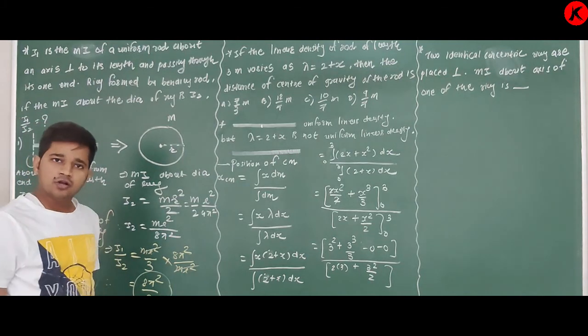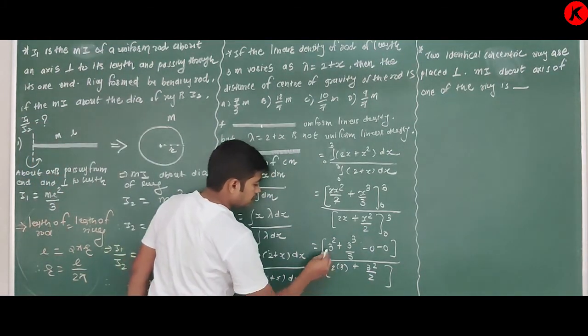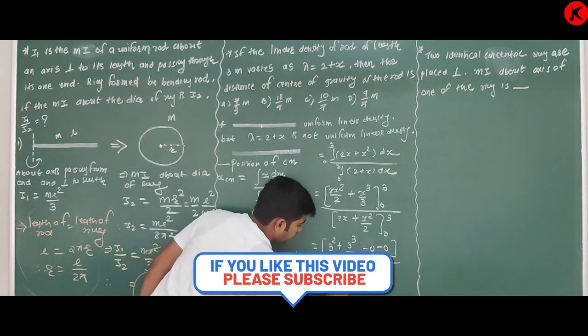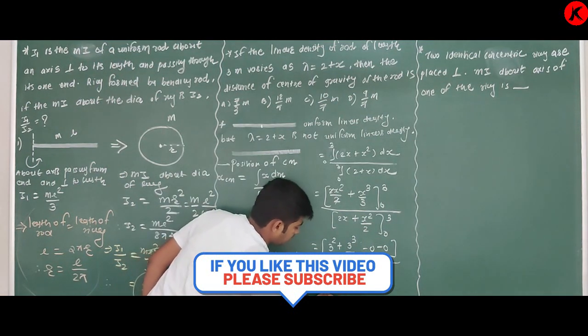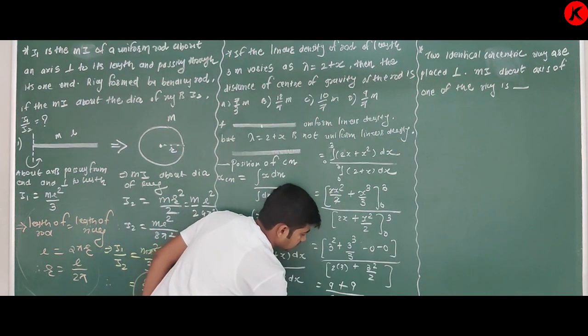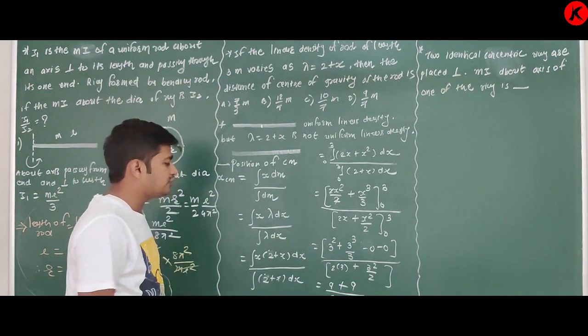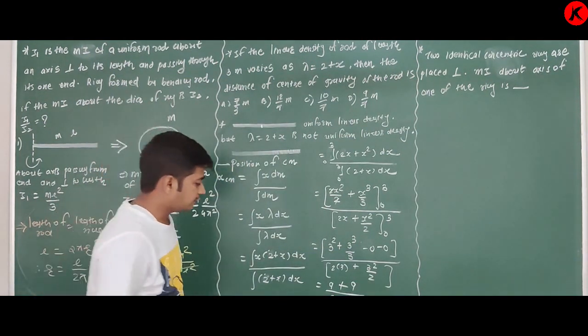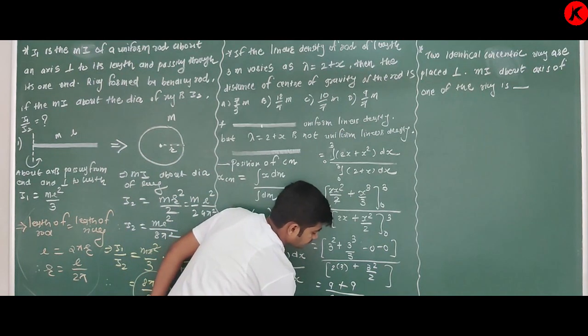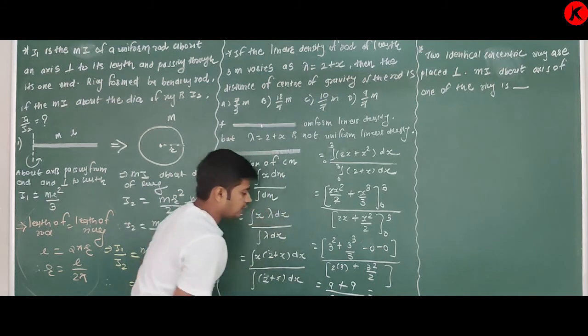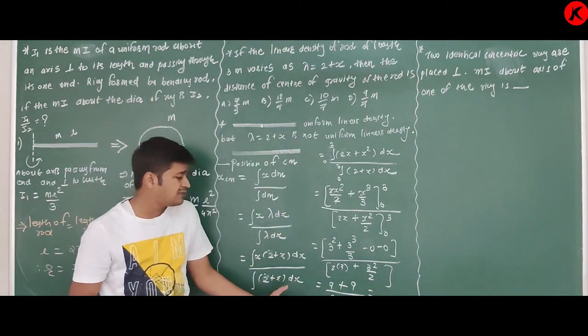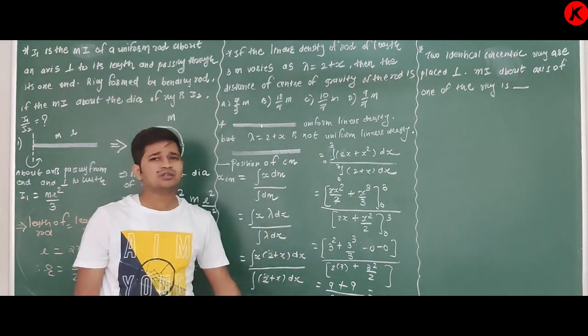So 3 square is 9, plus 3 cube divided by 3 is 9, divided by 6 plus 9 divided by 2. Now you can simplify this.